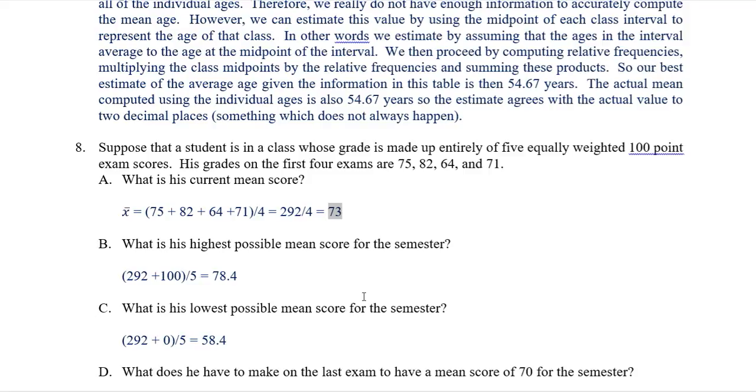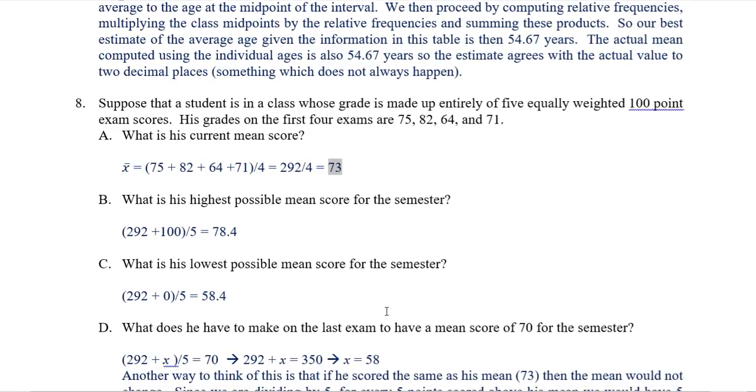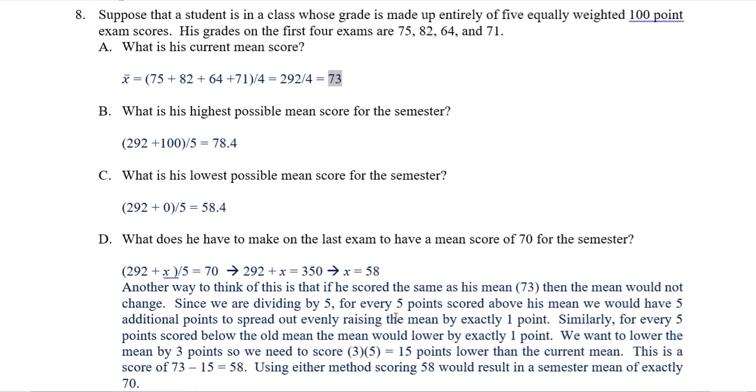So that would be 3 times 5, which is 15. 73 minus 15 is 58. Now, of course, this is also assuming no rounding at all. We're going exactly to a mean of 70. If he's allowed some round off and 70 is a minimum, then he might be able to go a little bit below that, and we could also work out what that would be as well.